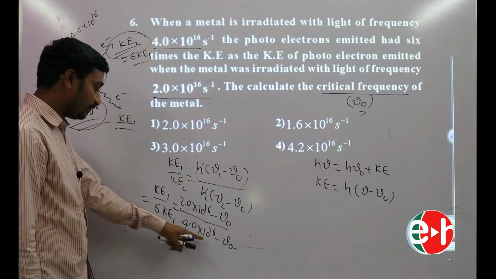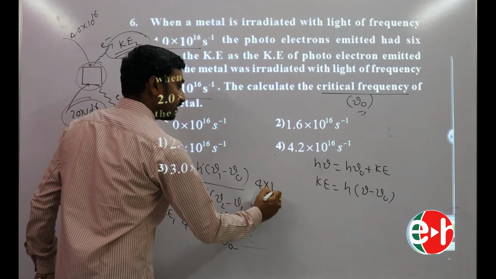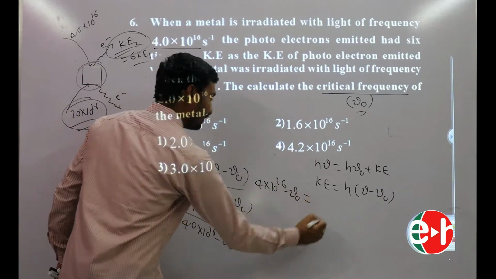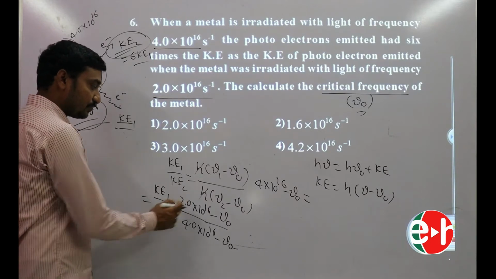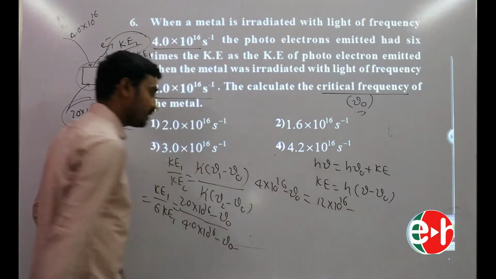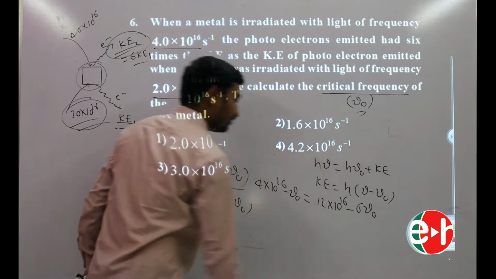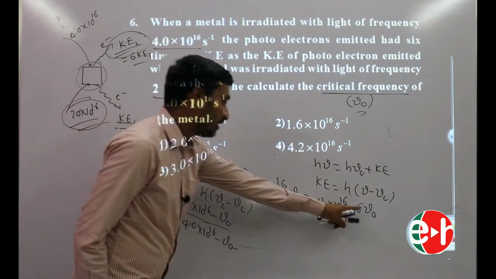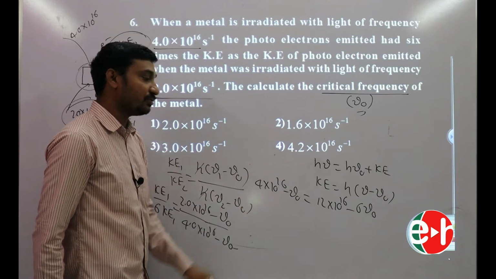Now calculate. 1 by 6, cross multiplication: 4 × 10^16 minus nu naught is equal to 6 twos are 12 × 10^16 minus 6 nu naught. Now send this side, then minus 6 nu naught comes this side as plus 6 nu naught, so 6 nu naught minus nu naught is 5 nu naught.